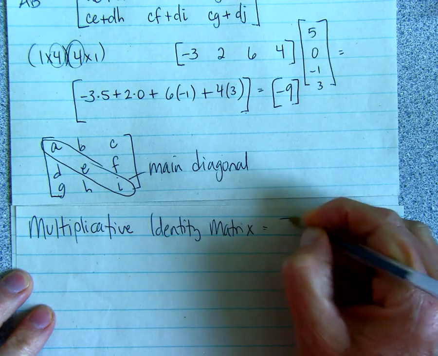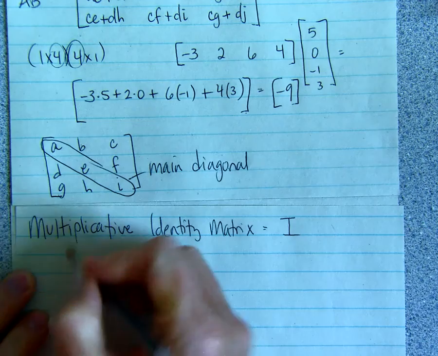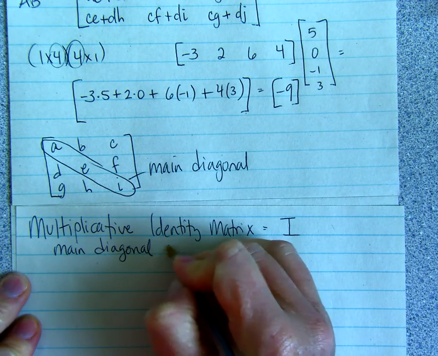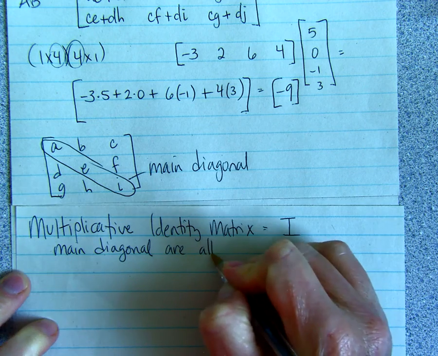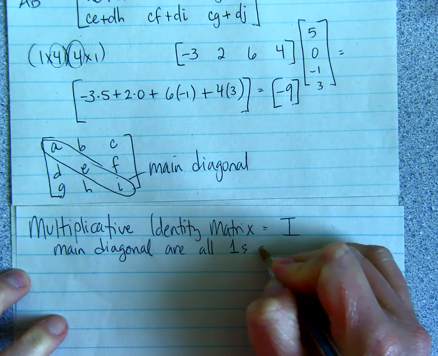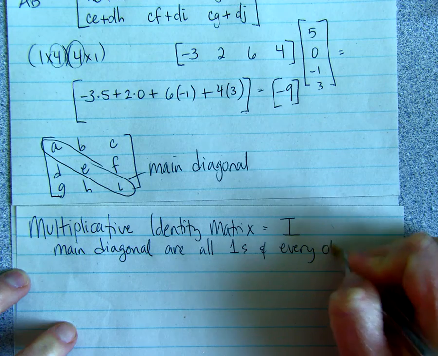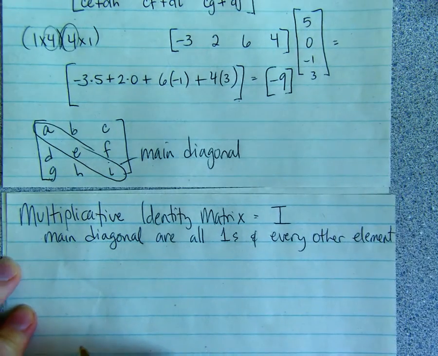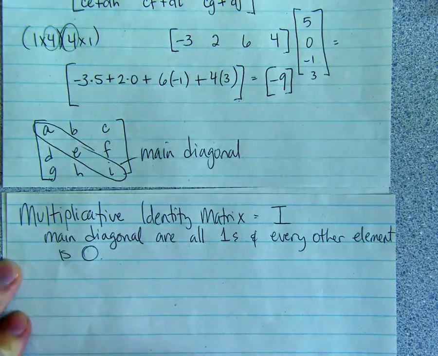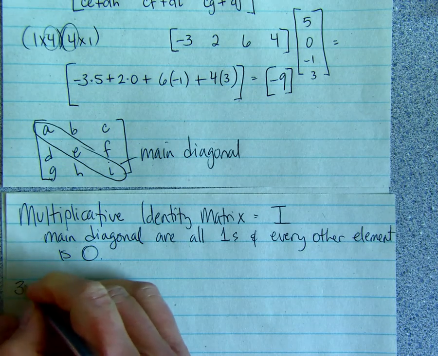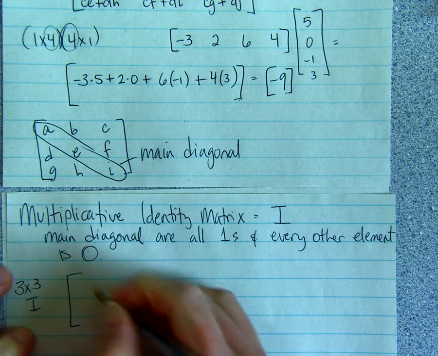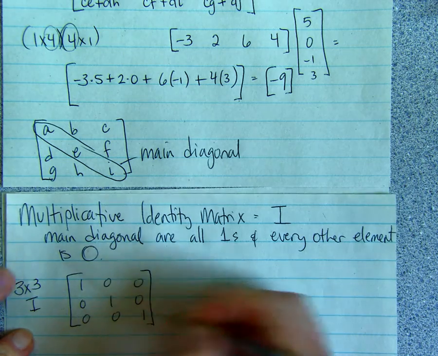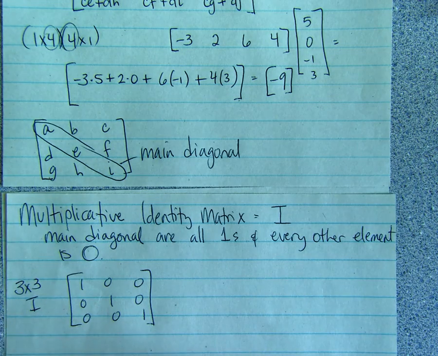We sometimes call it capital I. And that's just where the main diagonal is all ones, so the number 1, and every other element is a 0. So a 3 by 3 identity matrix is just where, remember, the main diagonal is all ones.